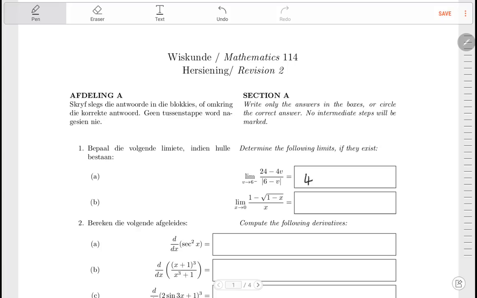What we are going to do is multiply with 1 plus the square root of 1 minus x over 1 plus the square root of 1 minus x.